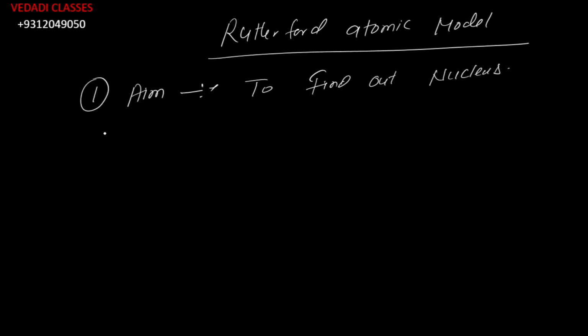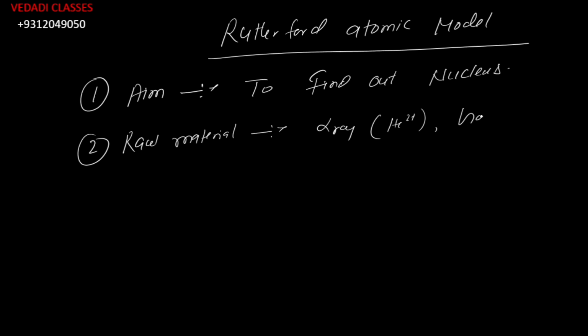Then after setting the aim, what do you need? You need raw material. So what raw material did he take? He took alpha ray as the raw material. Alpha ray is nothing but the helium ion. And the gold foil.